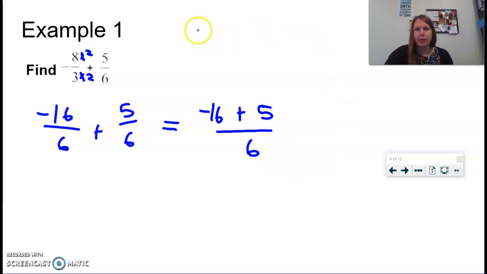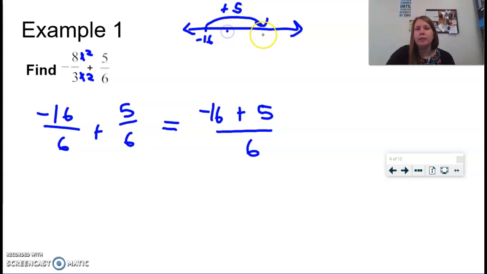If you're thinking about your number line, maybe you're at negative 16 here, and I need to jump 5 places to the right. So negative 16, one more would be negative 15, another one, and so on. Or you can think about those integer operation rules, knowing that these are opposite.